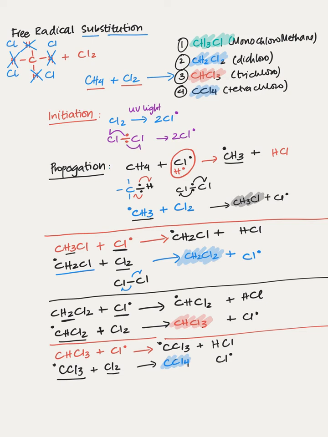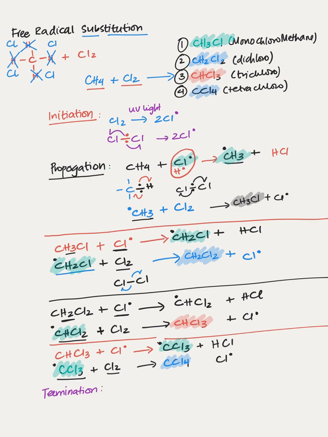Now this reaction ends. The second step was propagation. The reaction stops at termination. And what is termination? It is when any of the radicals that were formed in propagation, for example this methyl radical, a Cl radical, a CH2Cl radical, or a CHCl2 radical, any of the possible radicals that were made in propagation that are highlighted in green here, come together, any two radicals.